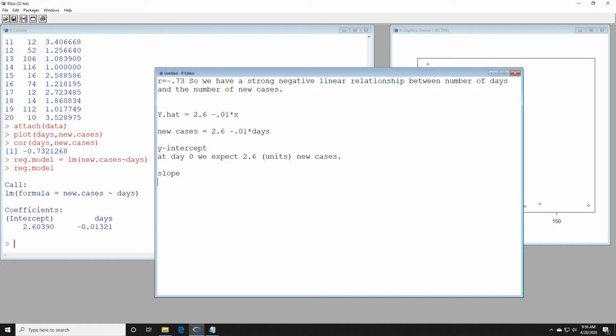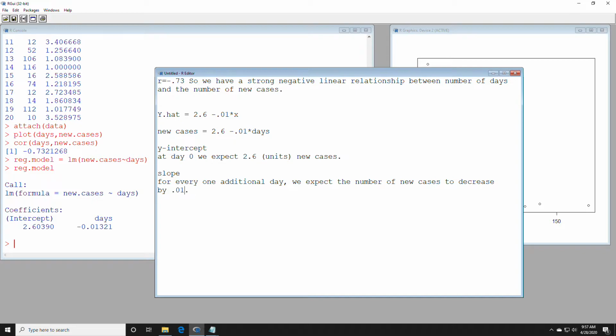So the slope is 1 in simple linear regression. That should always make sense. And so for every 1 unit increase in x, so every 1 additional day, we expect y, the number of new cases, to decrease by 0.01.